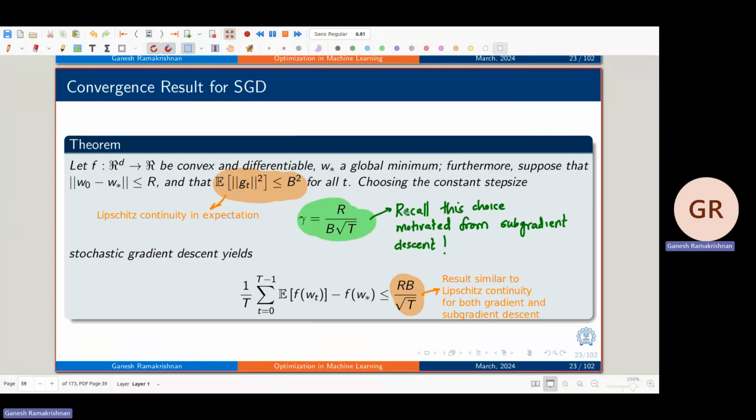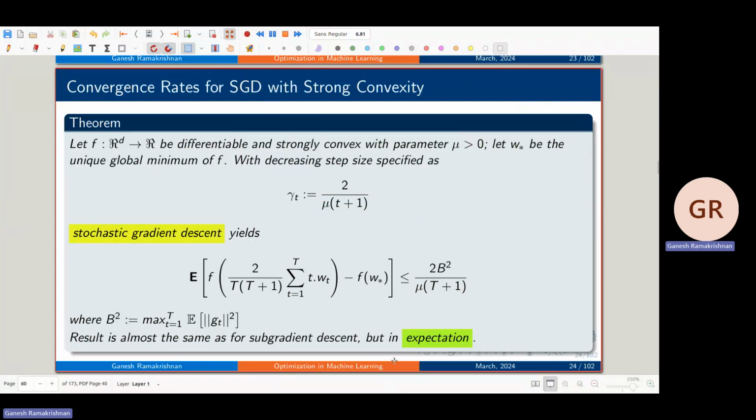So Lipschitz continuity in expectation. Otherwise, the choice motivated from subgradient descent we already have for gamma. It minimized one of those steps, the right hand sides. The upper bound was minimized. For both gradient and subgradient descent, we have the same result. Left hand side, right hand side, we both have 1 upon square root t. So everything seems to be making sense.